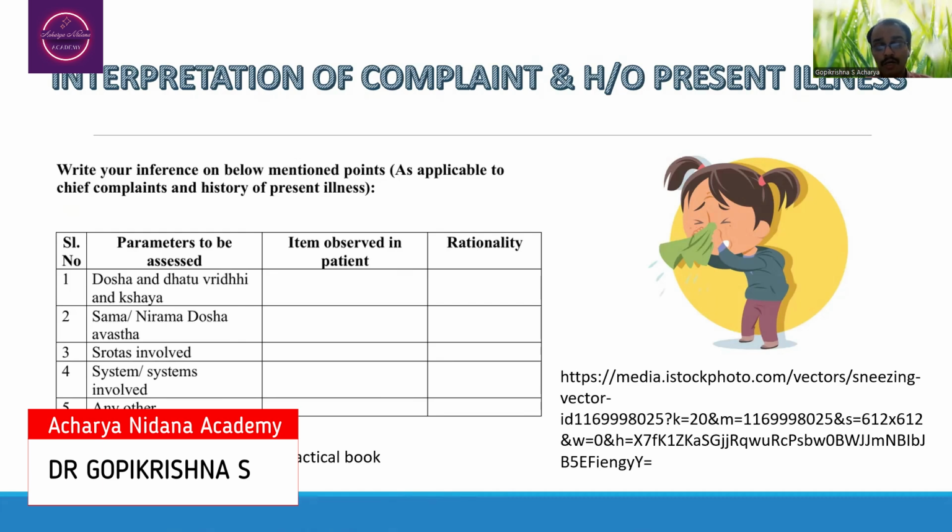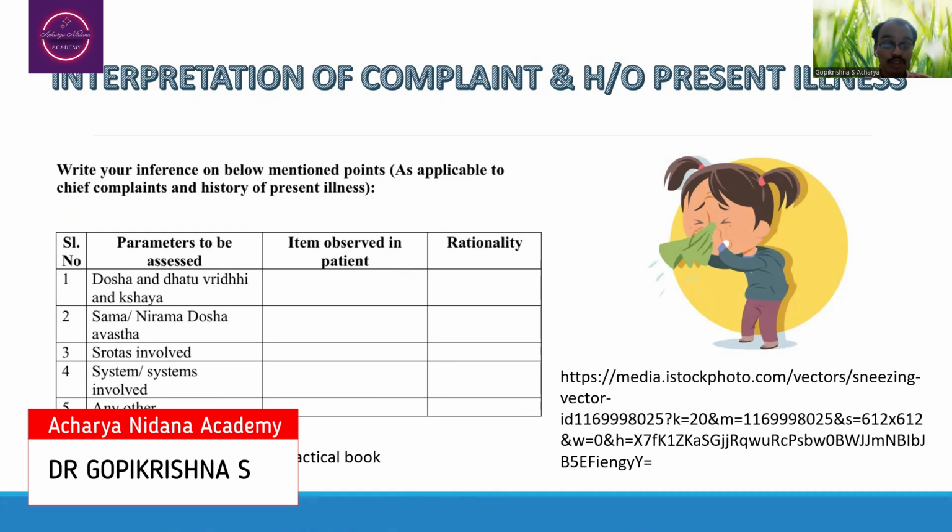As far as Sama or Nirama dosha avastha, we have to think about whether there are any disturbances in the appetite or any excess amount of sputum production. If it is present, we may suspect Sama Kapha affliction. Avilaha Tantulastyana Kantadeshe Vatishtate.